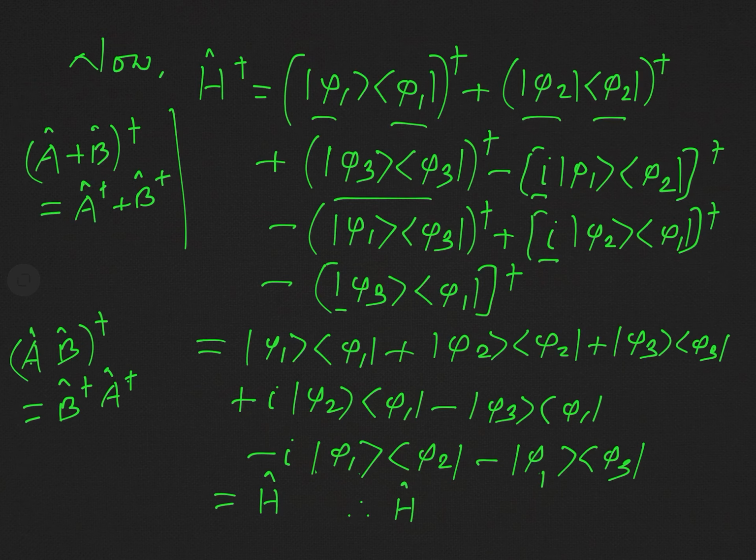Our result is H hat dagger is equal to H hat, and if this condition is satisfied, what does it refer to? It refers that H hat is Hermitian. So the given operator is a Hermitian operator.